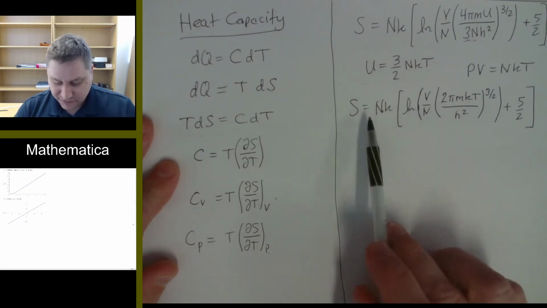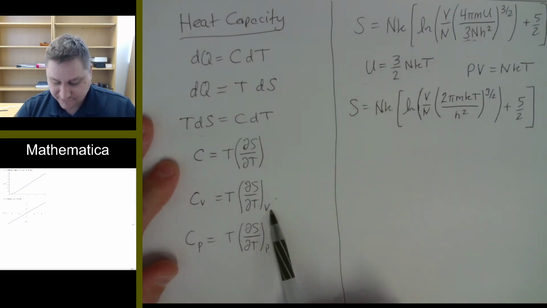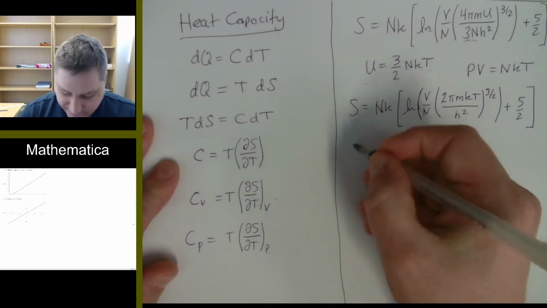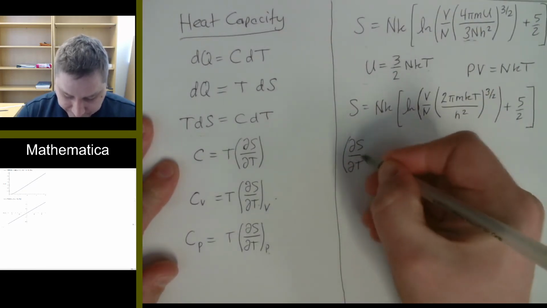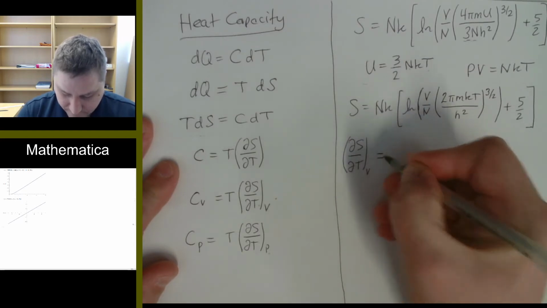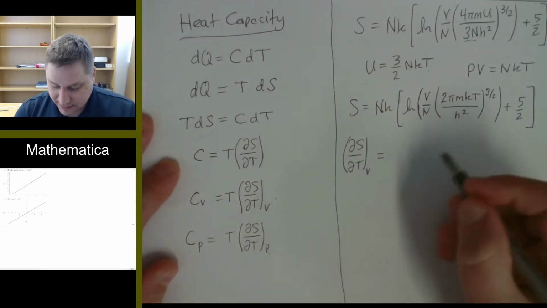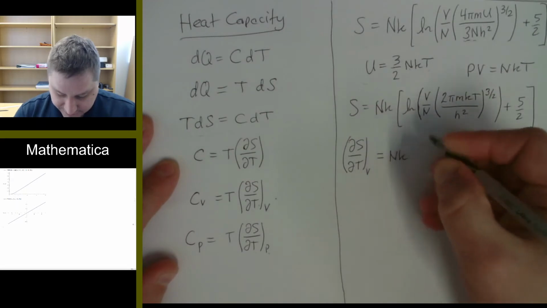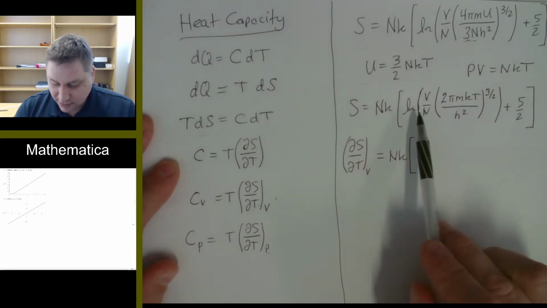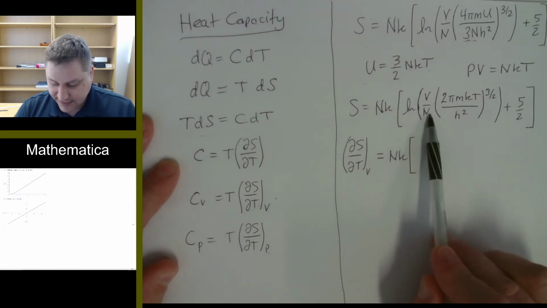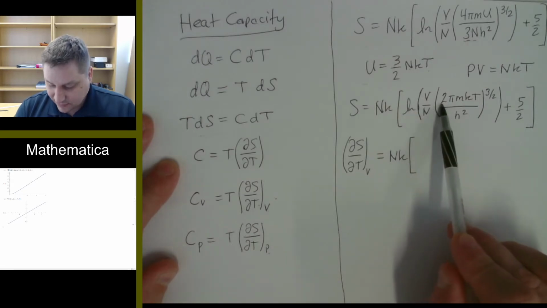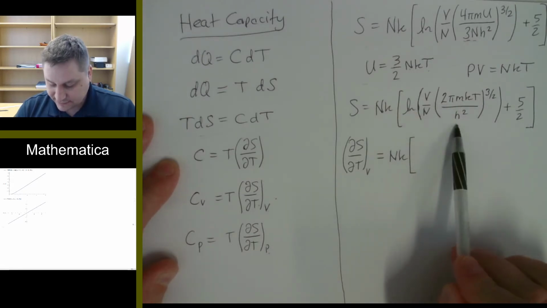All right, now this entropy formula is in terms of temperature and volume, so we can take this derivative. First, let's just do the derivative by itself. Okay, the nk in front is a constant. The logarithm, we treat V as a constant, we treat N as a constant. All these other quantities here are constants.